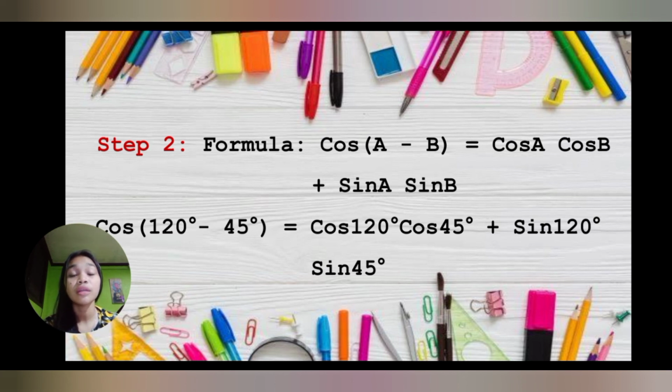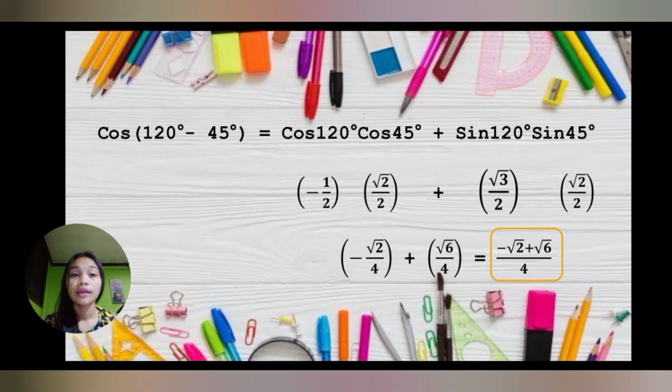So cos of 120 degree minus 45 degree equals cos 120 degree cos 45 degree plus sin 120 degree sin 45 degree. So let's get the values of cos and sine in the unit circle. The value of cos 120 degree is negative 1/2, and cos 45 degree is square root of 2 over 2, plus the value of sin 120 degree is square root of 3 over 2, and the value of sin 45 degree is square root of 2 over 2.